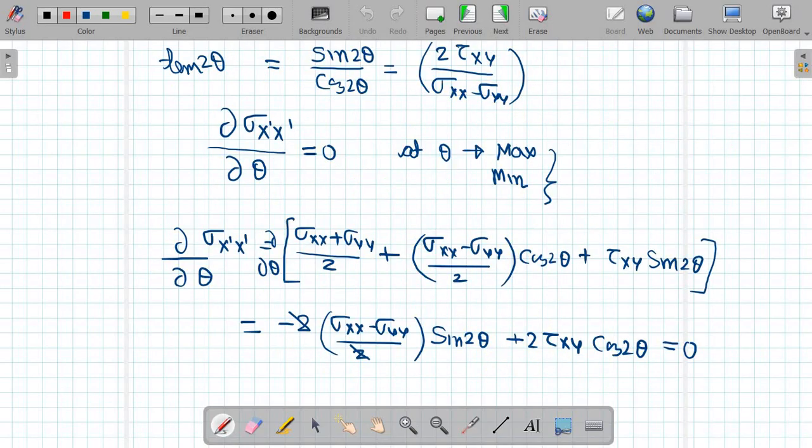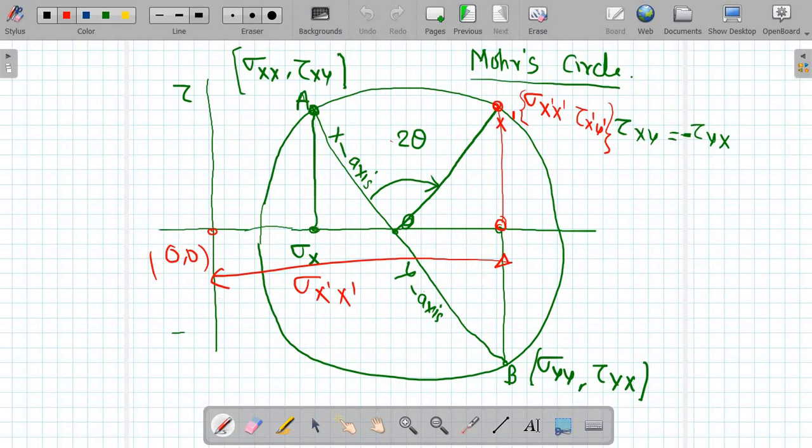So, what you have to do at this particular point, maximum value you can find out now. Maximum value where? To shear xy by this, or alternatively you can rewrite this as shear xy divided by 2. So, now sigma x minus sigma y by 2 is nothing but this gap from here to here.